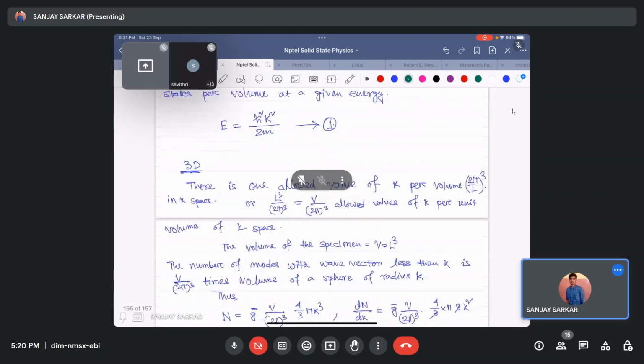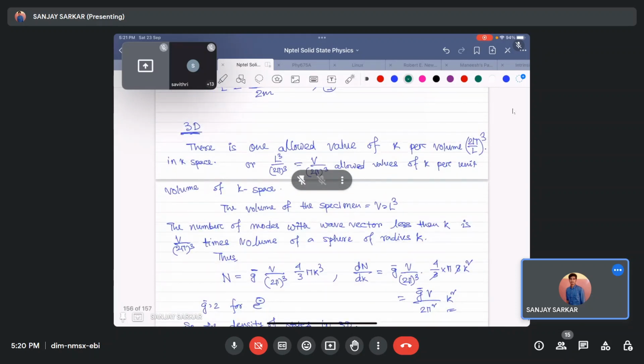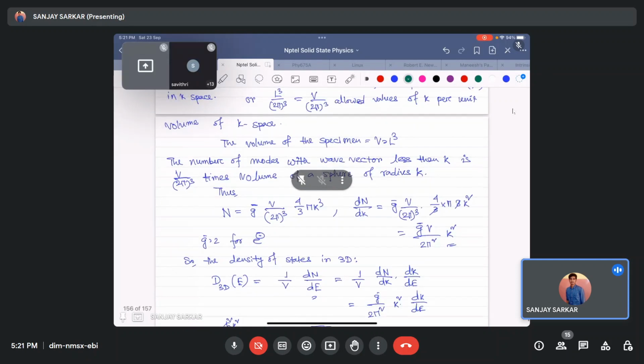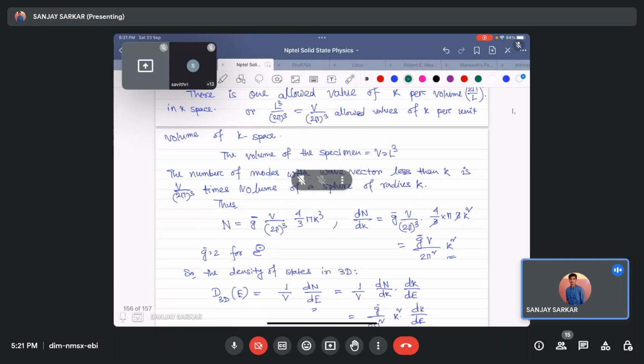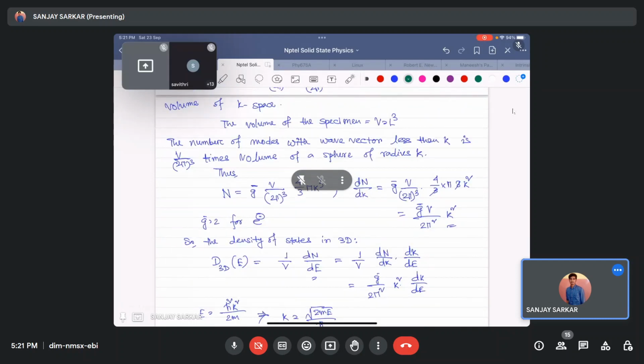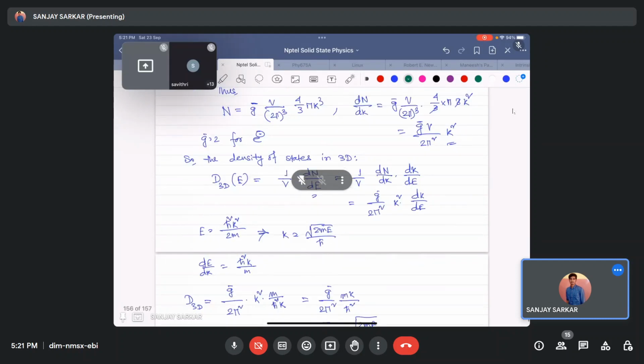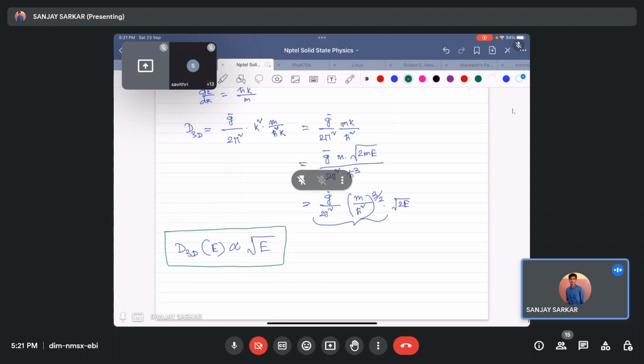Just for 2D, the allowed value of k per area will be (2 pi by L) squared. In place of cube there will be square, and in place of volume you need to take a circular area. So if you understood this calculation, then you can calculate the density of states for a 2D system as well. Is there any question for this calculation?